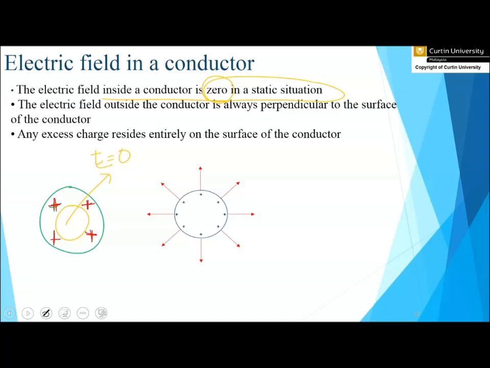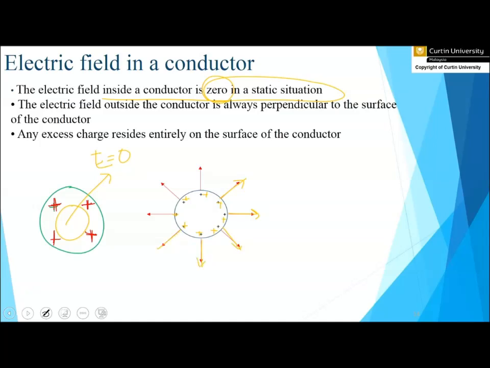Because all the charge has gathered on the surface, outside the conductor, this conductor looks like a charged particle, like a positively charged particle. That's why outside the conductor, you will have electric field.